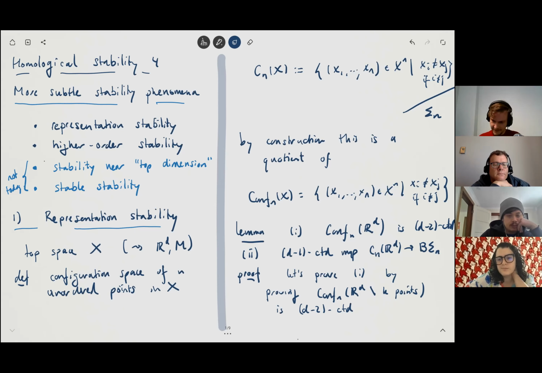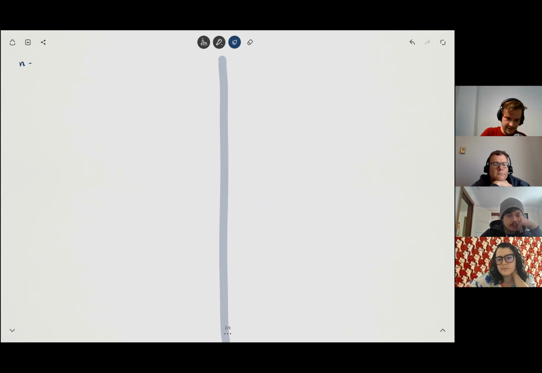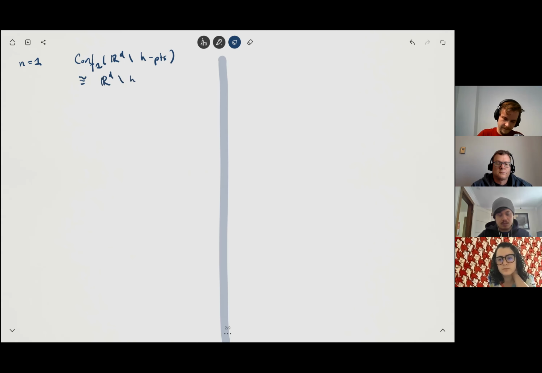Okay, so what's the first case? The first case is when n is 1. So we have 1 point in the Euclidean space minus k points. Well, that is just homeomorphic, maybe even equal, to this space.